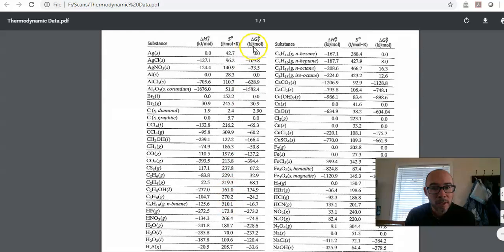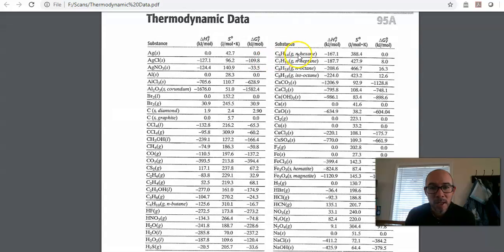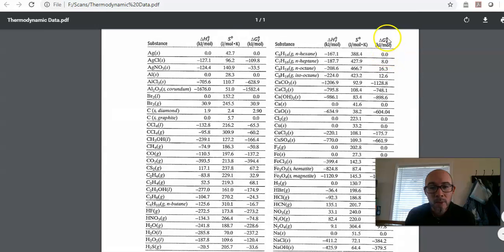We're looking for delta G's, and it'll tell you for forming these things. Carbon dioxide to form, spontaneous, because our delta G is a negative. Anything here that's a negative, it will form spontaneously when you go through a reaction of some sort.